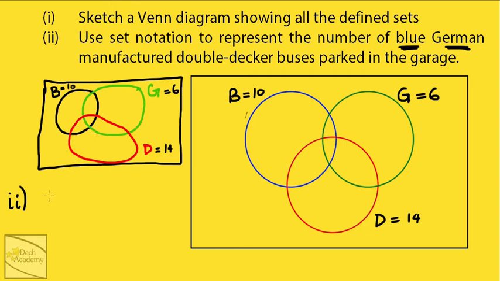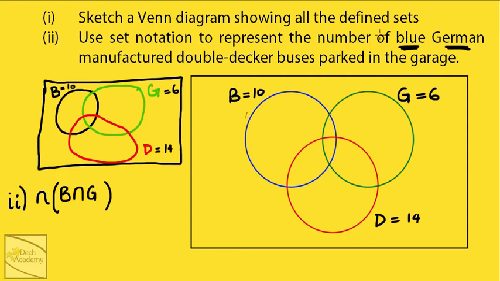To express the number of something in set notation, we use the symbol n, the number of members of a certain set. And we're saying blue German, meaning the buses are both blue and German, so they belong to the set of blue buses and the set of German buses.